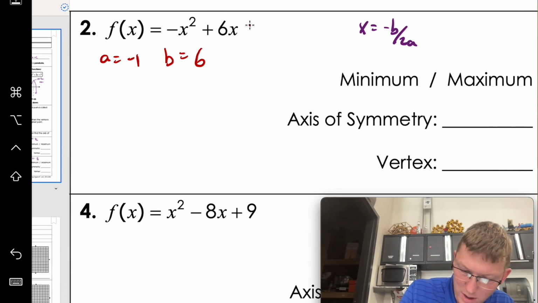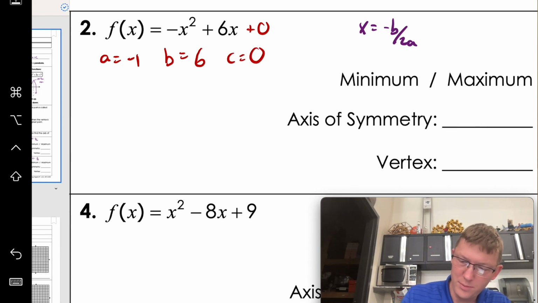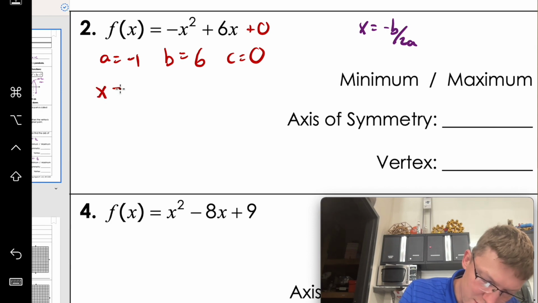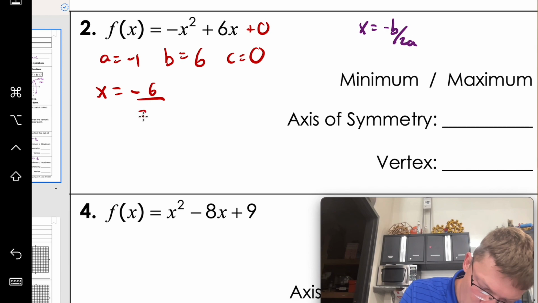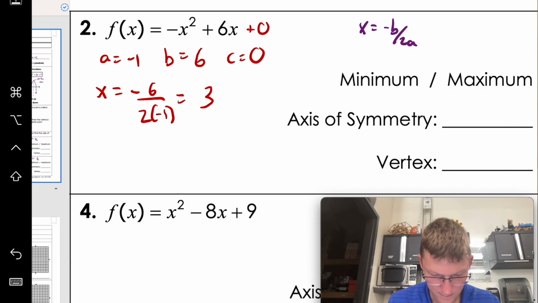It's not there, but we can pretend like there's a +0 right there. So our C is going to be equal to 0. So then from there, we can plug that in. So for my vertex, x equals -6 over 2 times A, which is -1. My negatives cancel out, and then 6 divided by 2 is 3. So we're just going to have a +3.